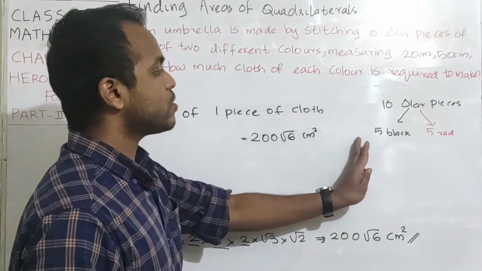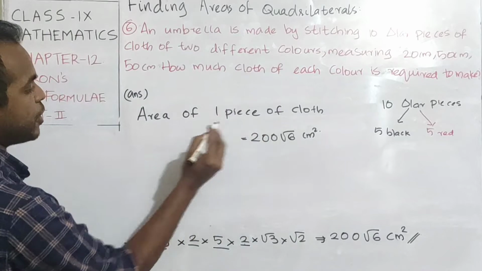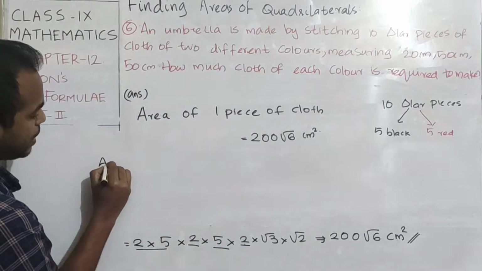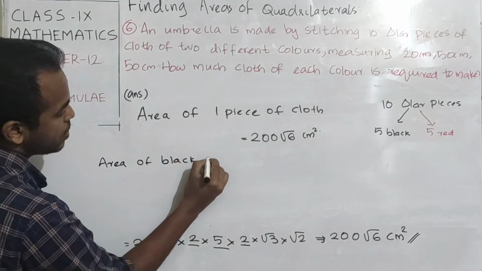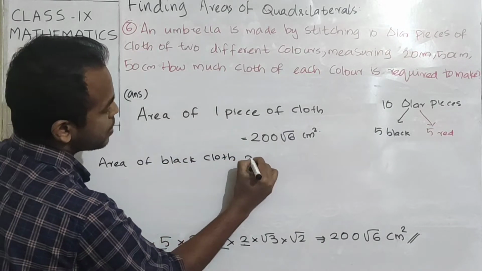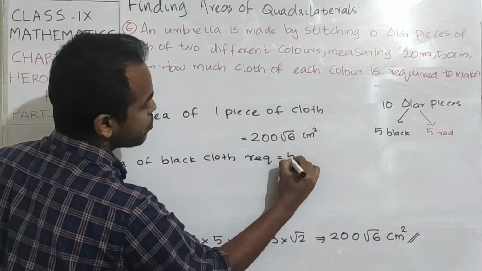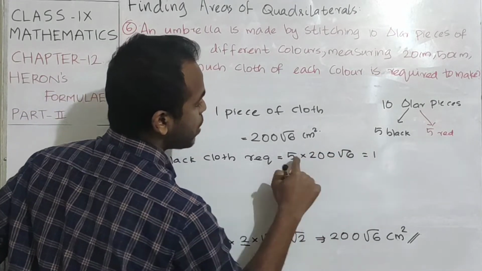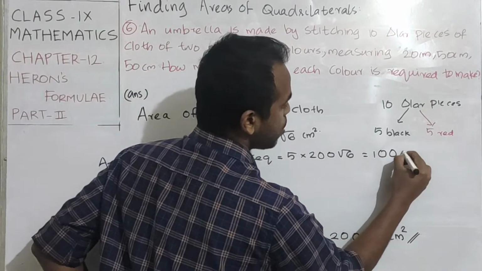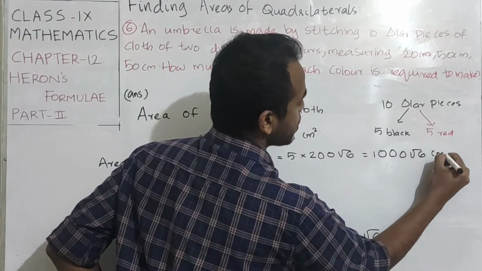How many pieces of black are there? 5 pieces. So we can write the area of black cloth required is equal to 5 into 200 root 6, or 5 into 200 is 1000. So 1000 root 6 centimeter square.